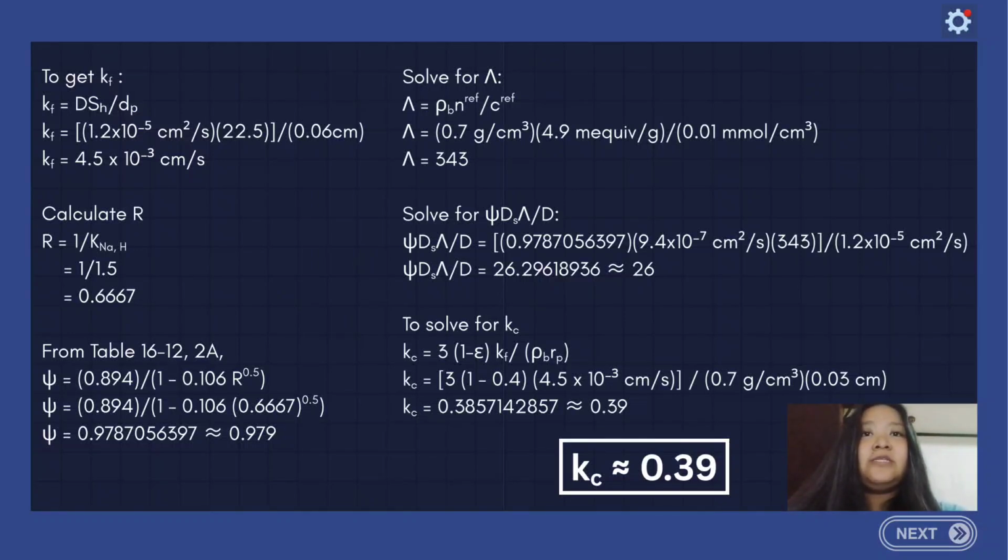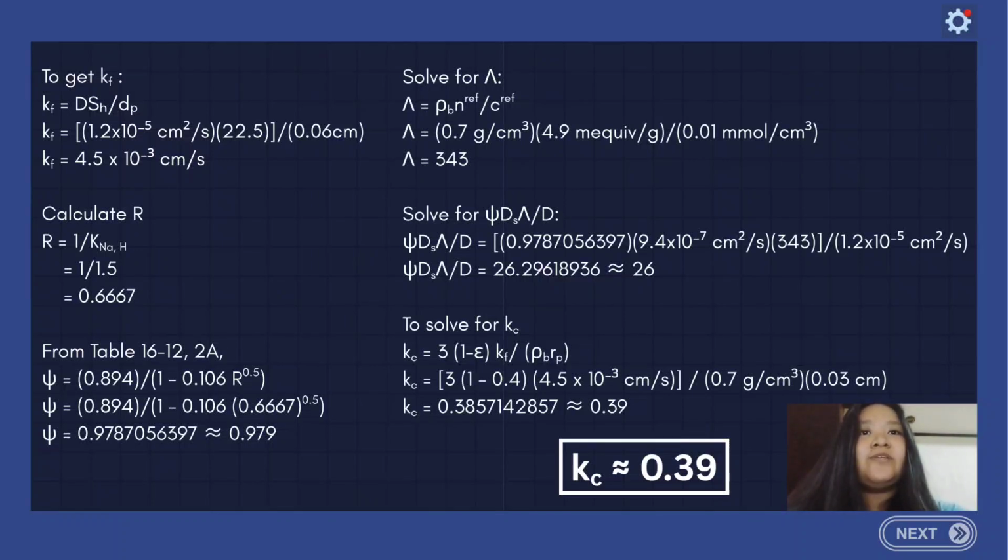Next, we need to compute for the dimensionless effectiveness factor, which is psi times diffusion coefficient of the solution times lambda over diffusion coefficient of sodium ion, which would result to 26. This shows that the external mass transfer is the limiting step.